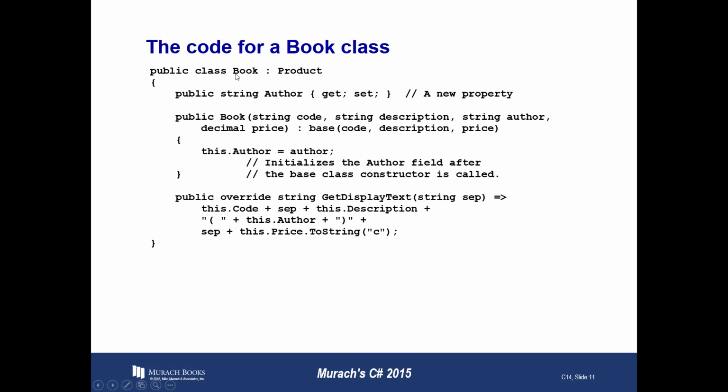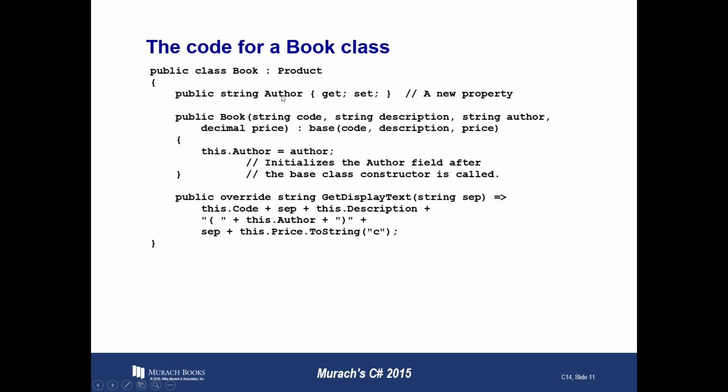We're saying that a book is a type of product. When you work with inheritance, it is an is-a or an is-an relationship. In other words, a book is a product. And the other one we'll have later, software is a product. If it's an is-a relationship, you're saying inheritance.